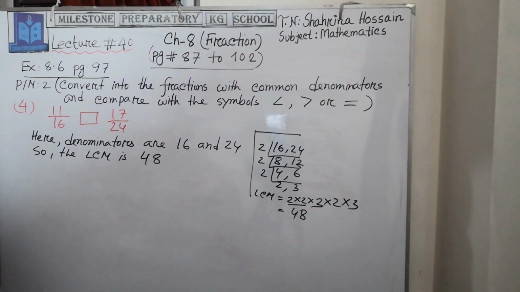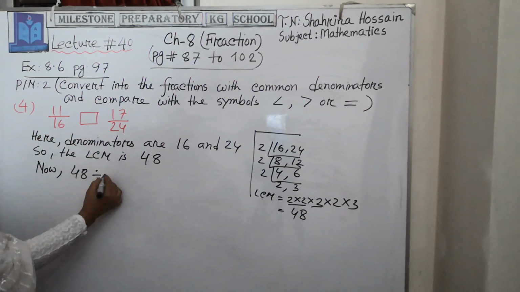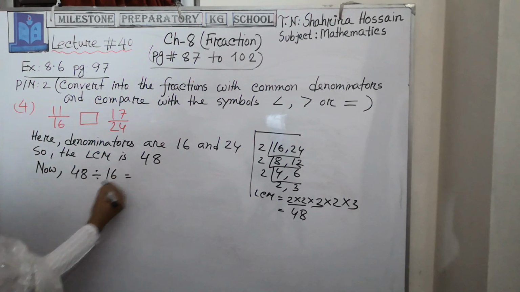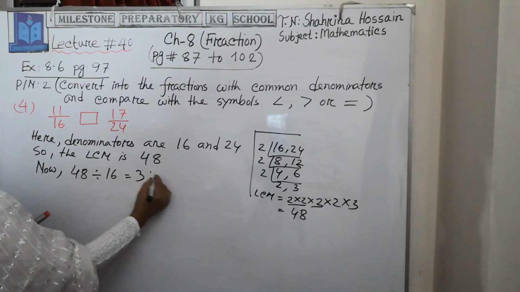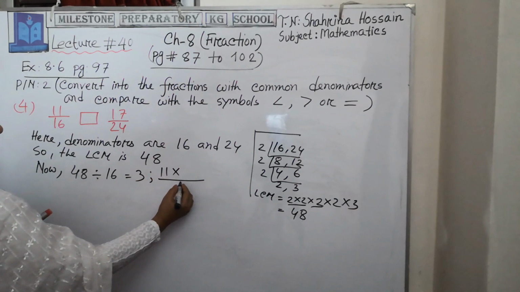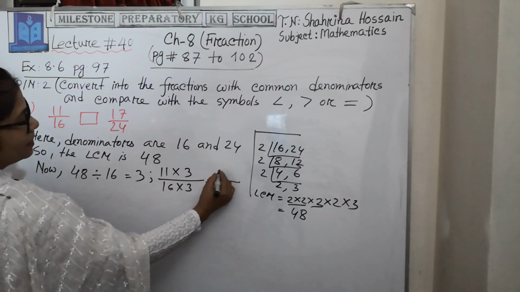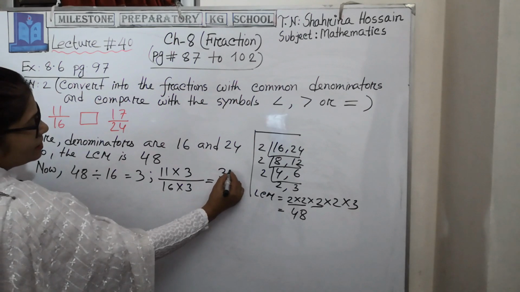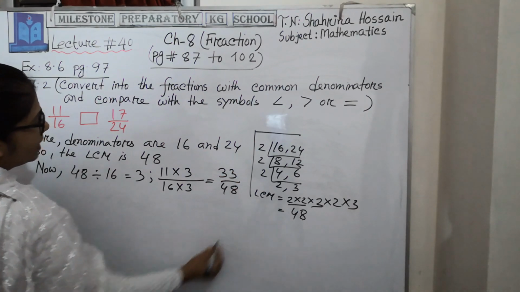Now 48 we divide by this denominator. Now the answer is 3. 3 16s are 48. After that we multiply the whole fraction. 3, then 16 into 3. Now 3 11s are 33, then 3 16s are 48.